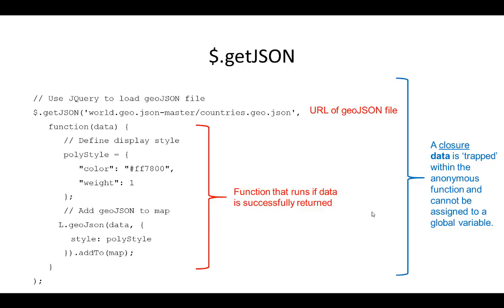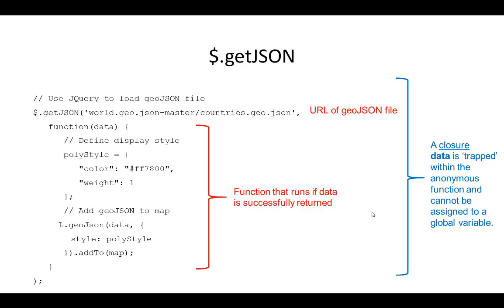Now, this whole $.getGeoJSON down to the end here is something called a closure. Now, I'm hanging on with my fingertips with closures. They're hard, they're difficult to get your head around. But basically, the way I understand closures is that this data here is basically trapped within the closure.